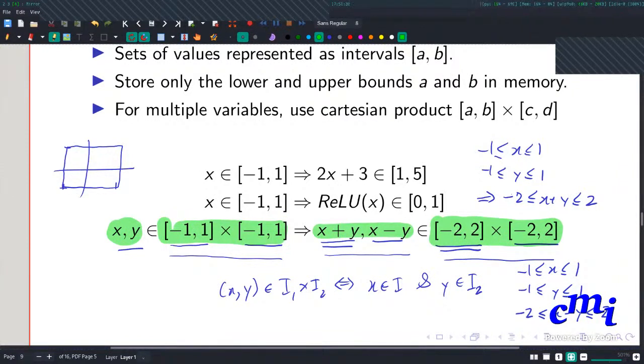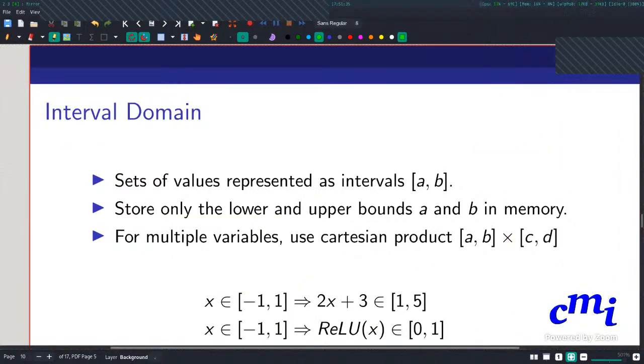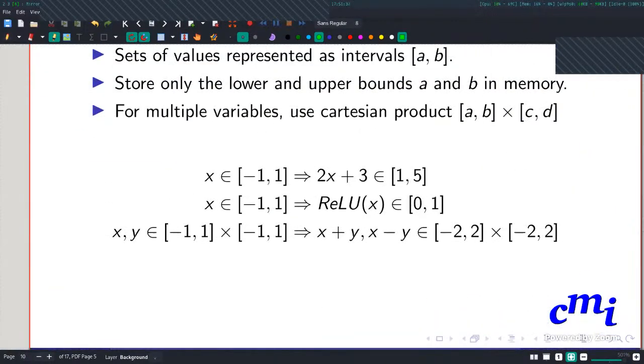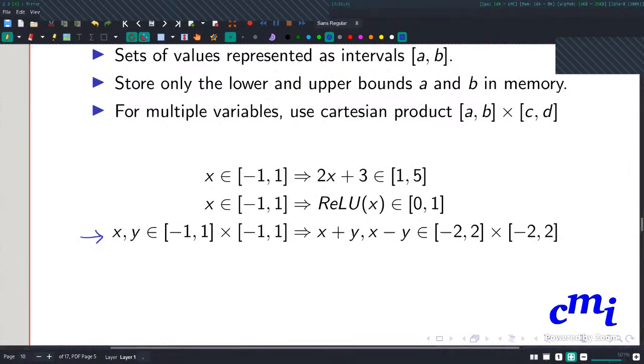Okay. So now I have a question. Is this precise? One more question: is it a true over approximation, in the sense that there's something included in -2, 2 cross -2, 2 that is not in the image? Yes, exactly. So that is the question.